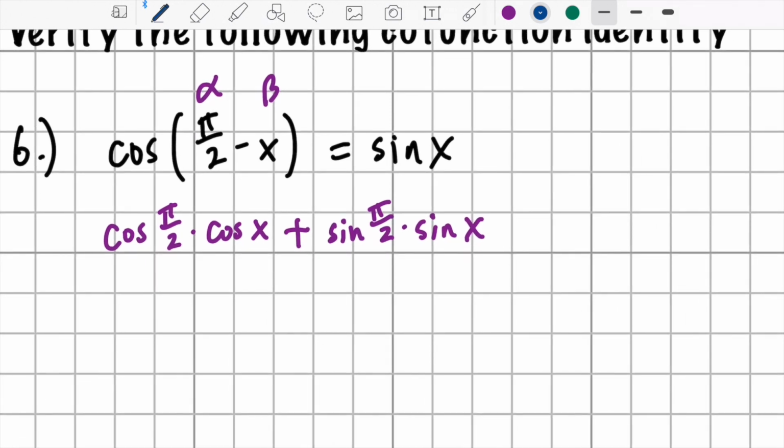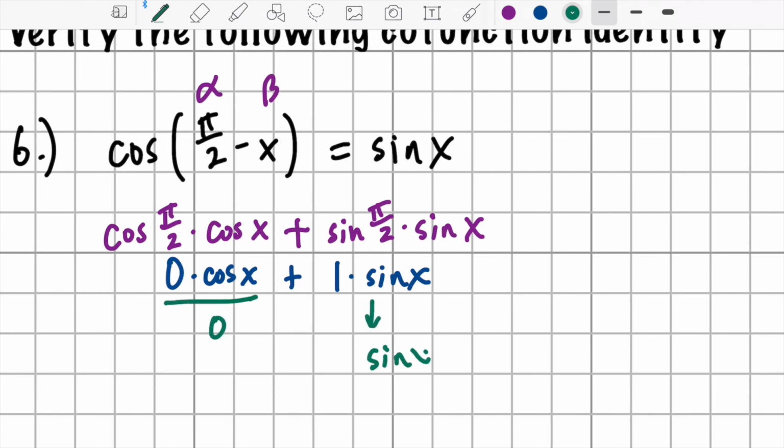Now, the cosine of pi over 2 is 0, and I'm going to multiply it with cosine x, plus the sine of pi over 2 is 1, and I'm going to multiply it by sine x. And simplifying, this gives me 0, and this is just sine of x, which equals sine of x.